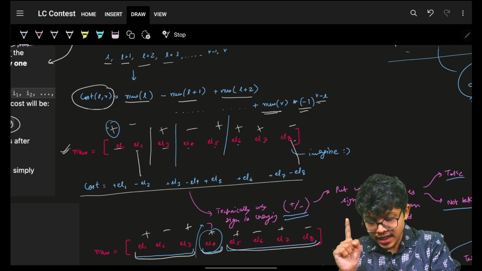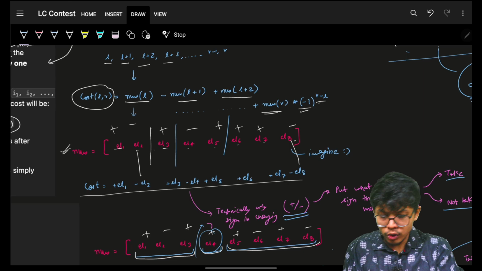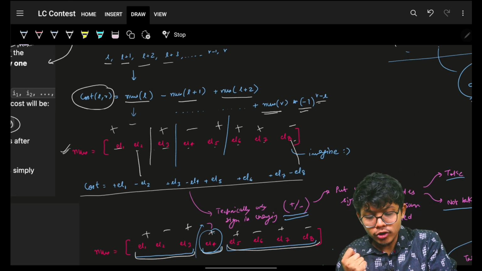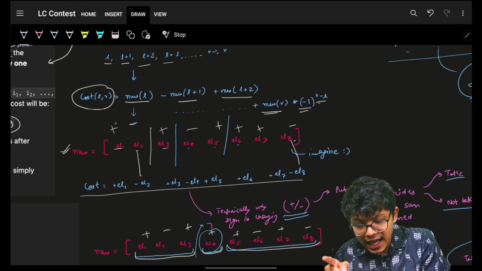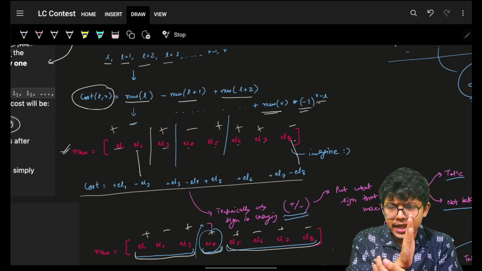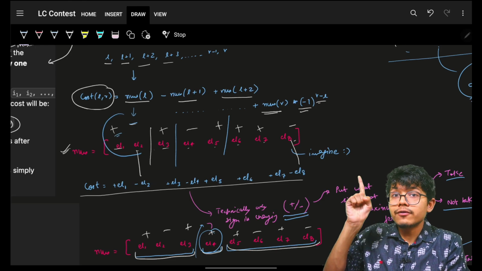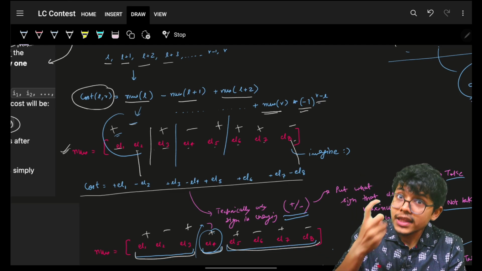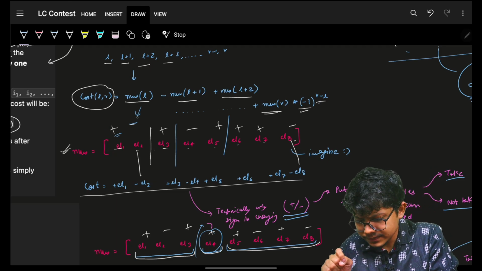One major thing is the sign. At this point, I should be able to know what sign I can put here, either a minus or a plus. I have to put a minus considering I have been building up my array, and by array I mean my subarray. My subarray has already started, and the previous sign was positive, so I will have to keep a negative here.